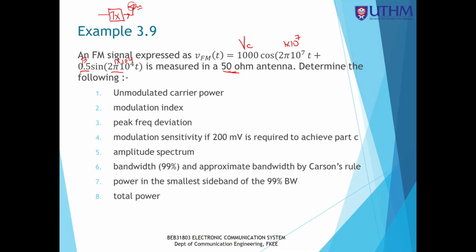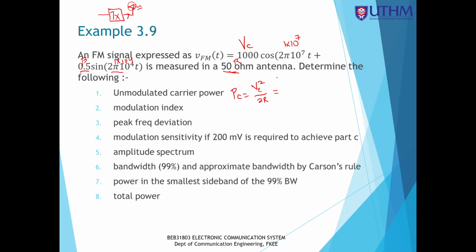Okay, and also you are given the parameter R for the resistance of the antenna. Determine the following. The first one asks you to find the unmodulated carrier power, which is PC. So PC is equal to VC squared divided by 2R.